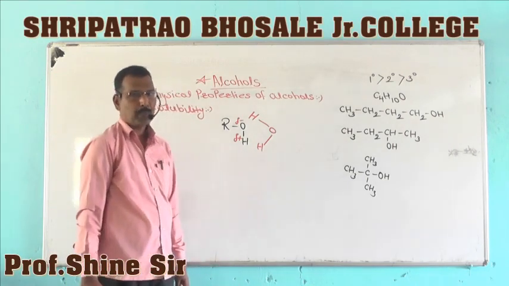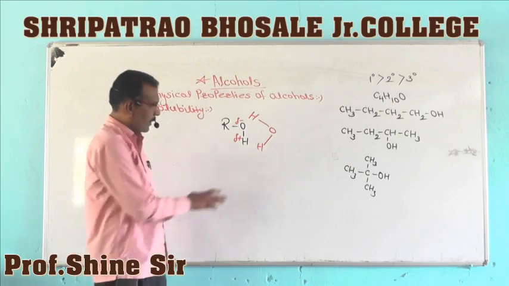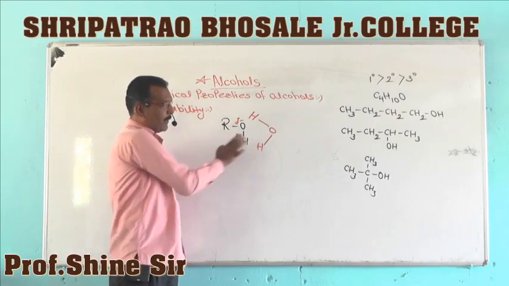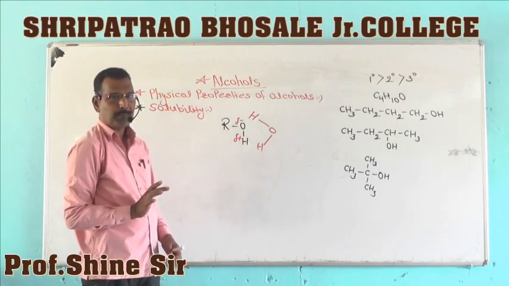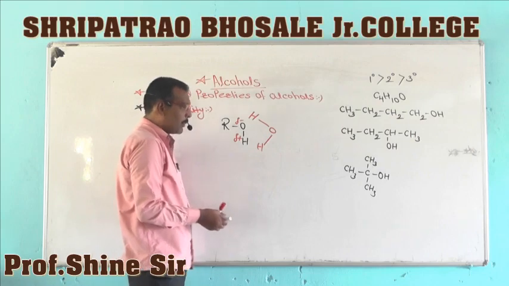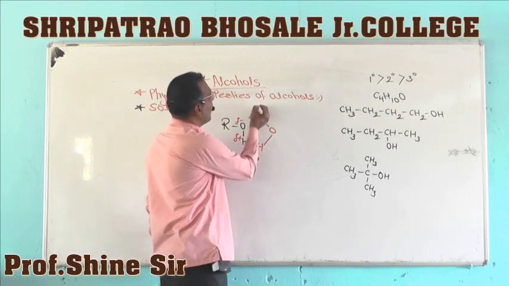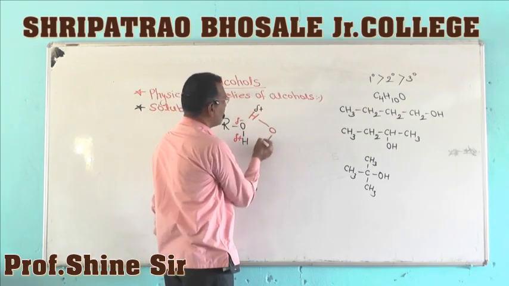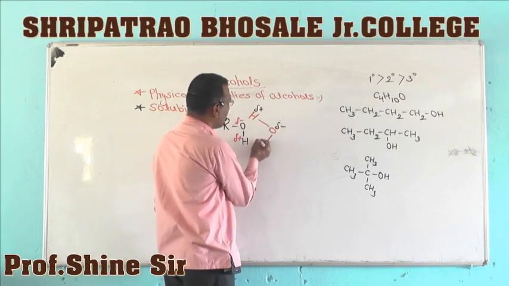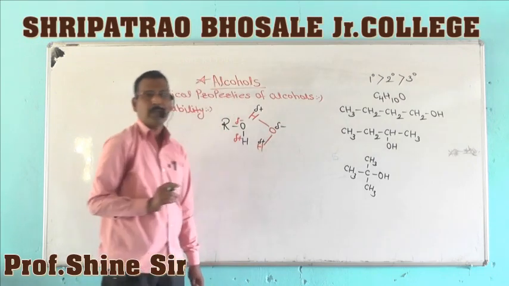There is an electronegativity difference between oxygen and hydrogen, so poles are developed. Hydrogen acquires partial positive charge and oxygen acquires partial negative charge.